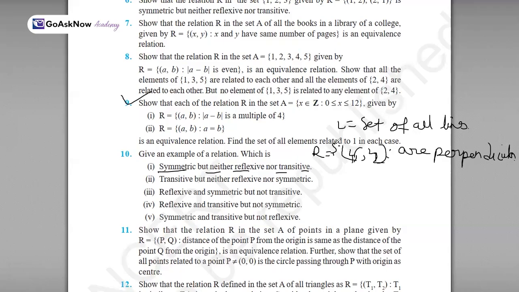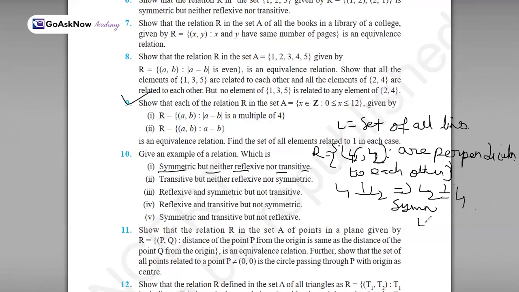Relation R is L1, L2 are perpendicular to each other. Okay. So you can easily see that if L1 is perpendicular to L2, then it must follow that L2 is perpendicular to L1. So this is a symmetric relation.